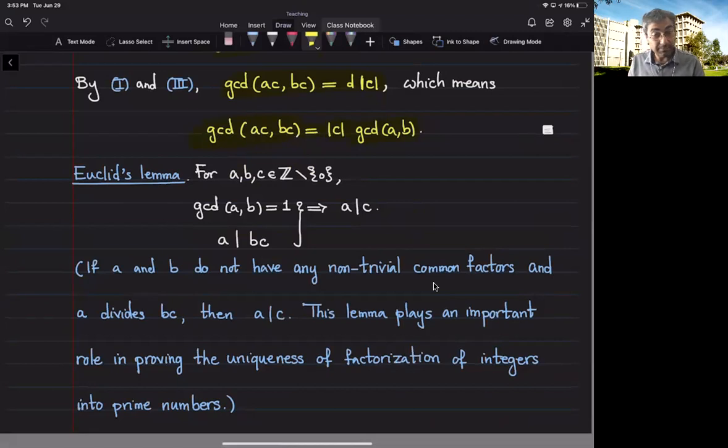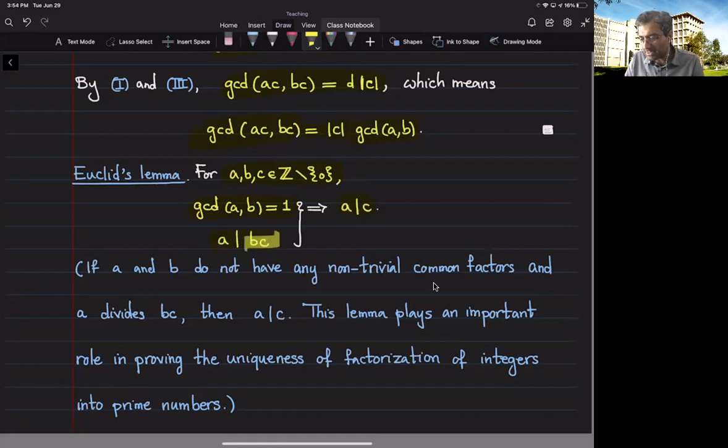So what is Euclid's lemma? It says that I give you three integers, a, b, and c. Suppose a and b are co-prime, so their greatest common divisor is 1. If a divides a multiple of b, then a should divide that multiple, that's c, because a and b have nothing in common.